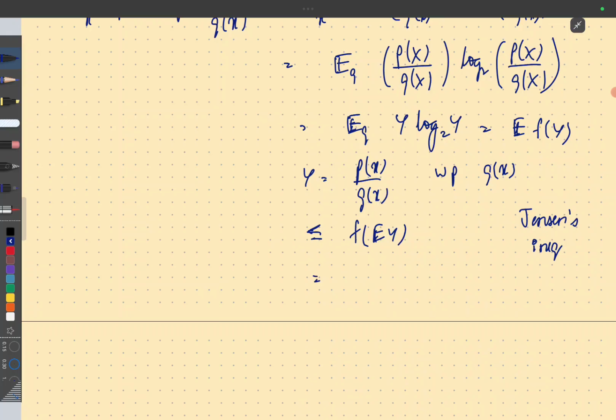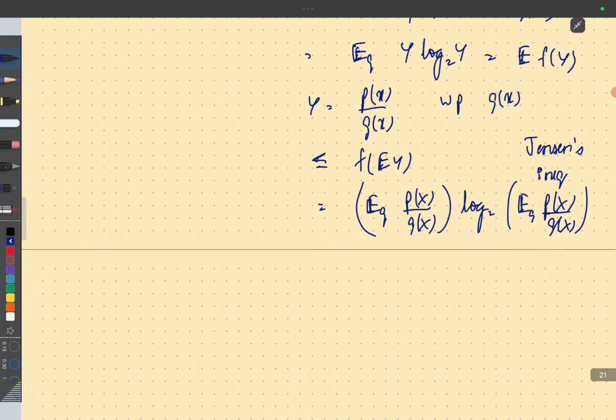But what is f of expectation of y? It's expectation with respect to q of p(x) by q(x) log expectation with respect to q of p(x) by q(x). Let's try to evaluate expectation of y. This is equal to summation over all x, so I'm sorry, you're taking the expectation with respect to q.